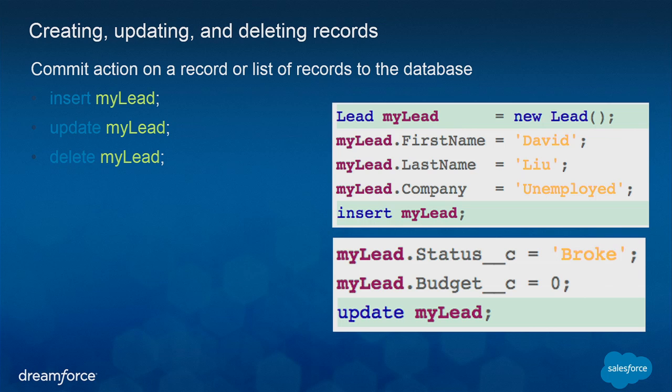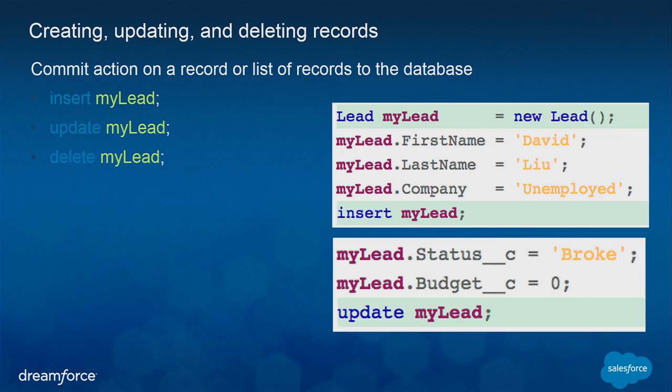So in your Apex code, you can simply put myLead.firstName, myLead.lastName, and myLead.company, and you can set values for those. They're still variables, still outside of your Salesforce database until that last command, insert myLead. That's where Apex says, okay, not only do I have to know about Salesforce, I have to communicate with Salesforce. So now I'm going to communicate all of this data into the Salesforce database.